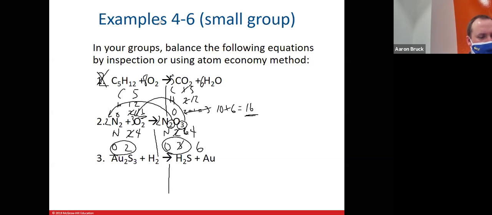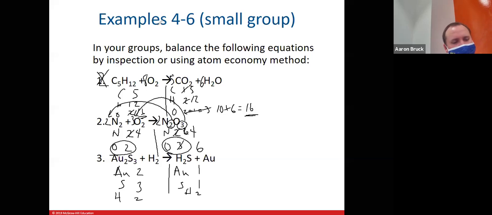In a similar fashion, I've got a gold sulfide, so I've got gold, sulfur, and hydrogen, gold, sulfur, and hydrogen, 2, 3, 2 on the reactant side, 1, 1, 2 on the product side. If we follow our coefficient subscript kind of relationship, a 2 from the gold and a 3 from the sulfur change our outlook on the product side.